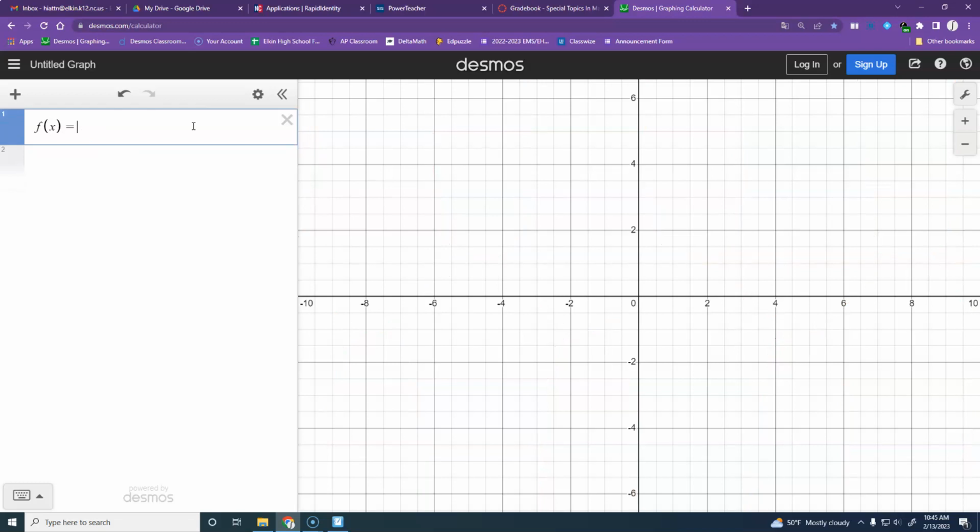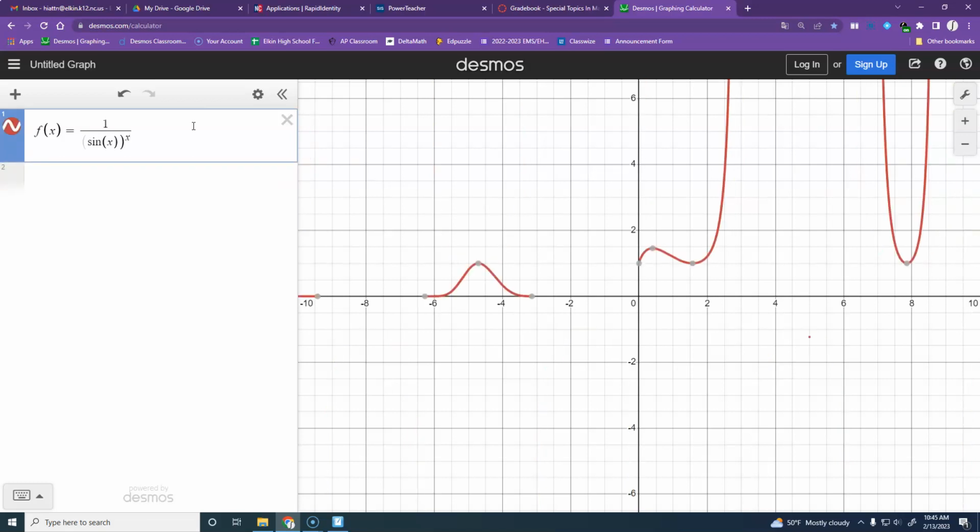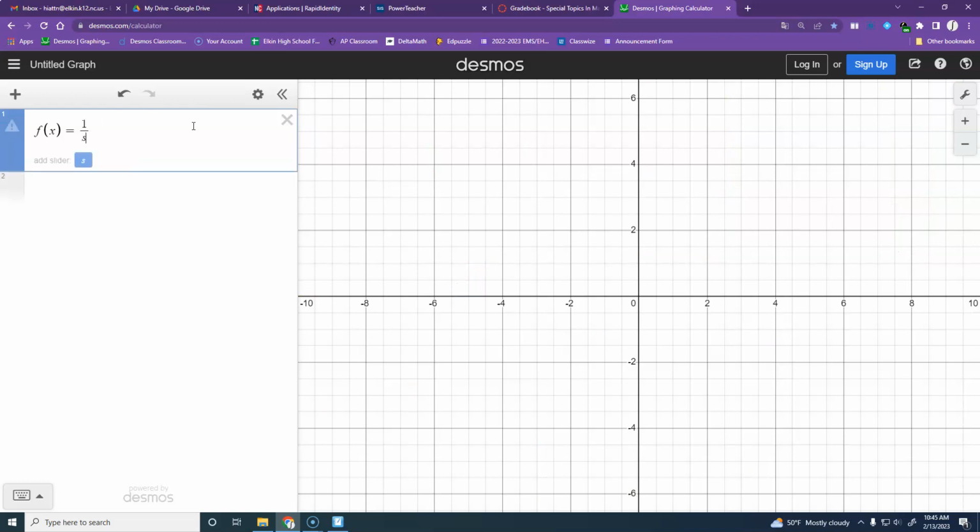What is it? What does it do? I know it's got sine.